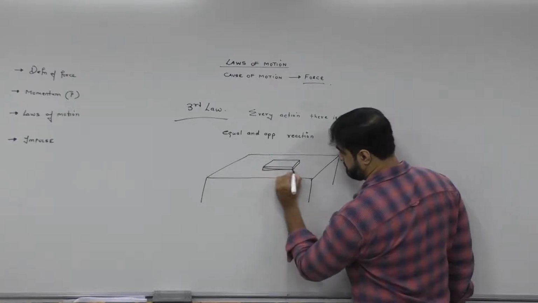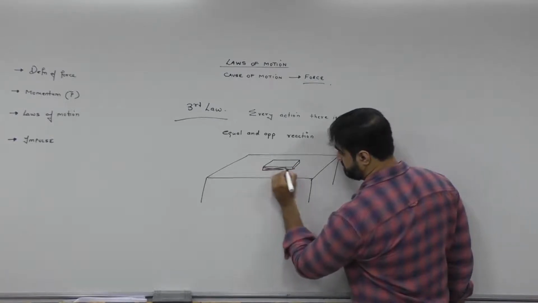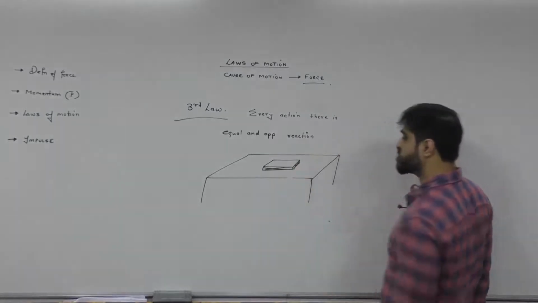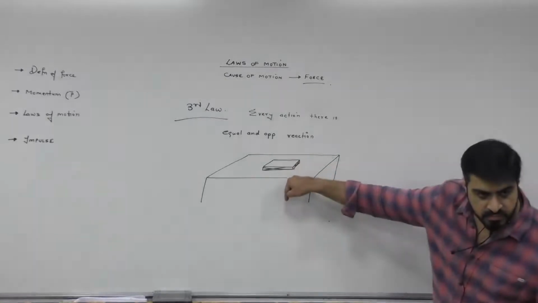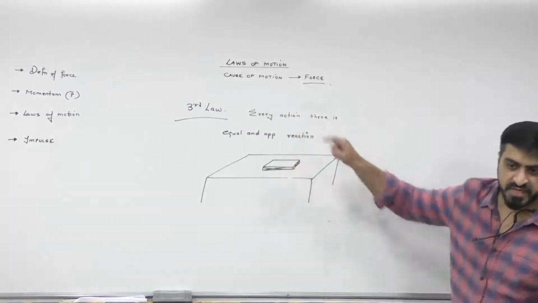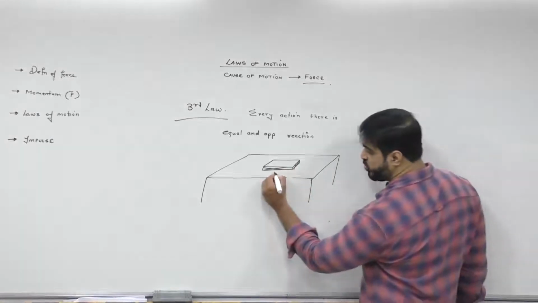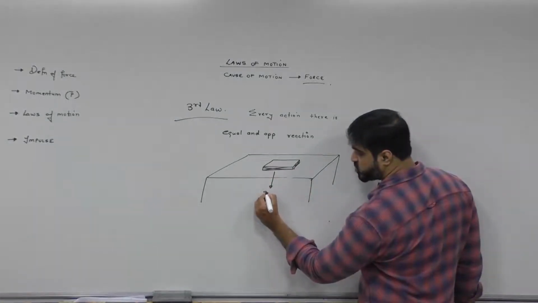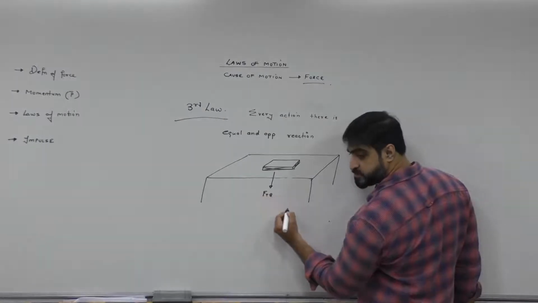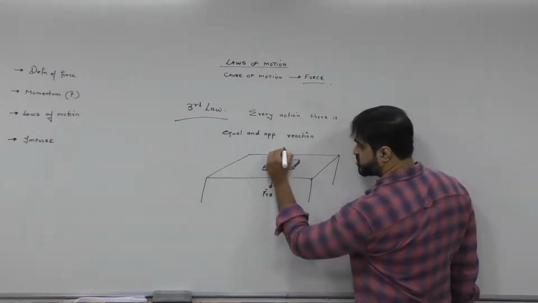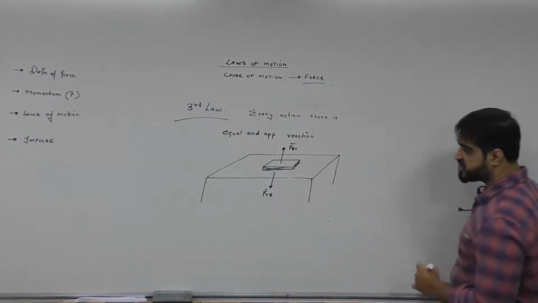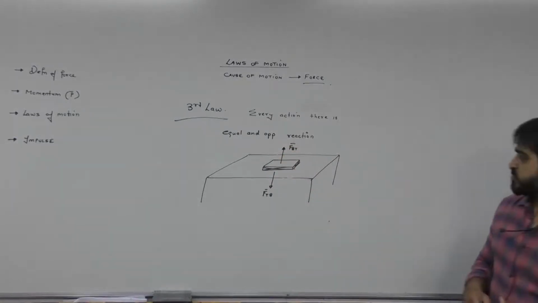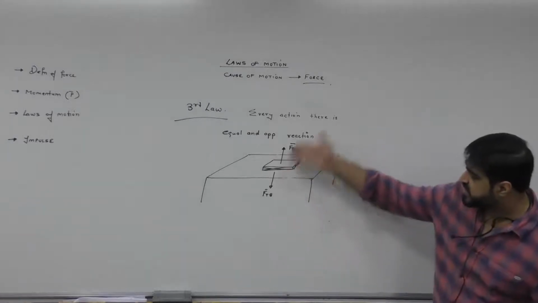The book is pressing the table. The table is also pressing it in the upward direction. So can I say one force is applied on the table, force on the table by the book, and force on the book by the table? For every action, there is an equal and opposite reaction.